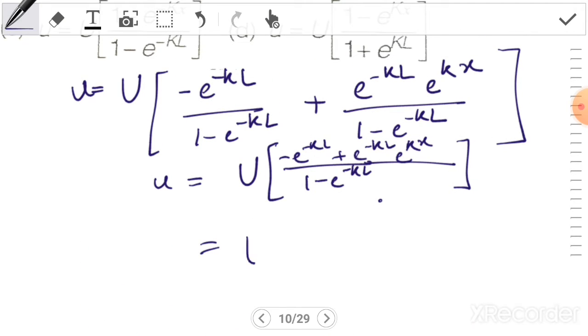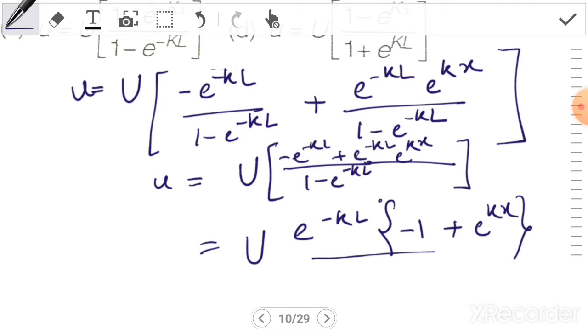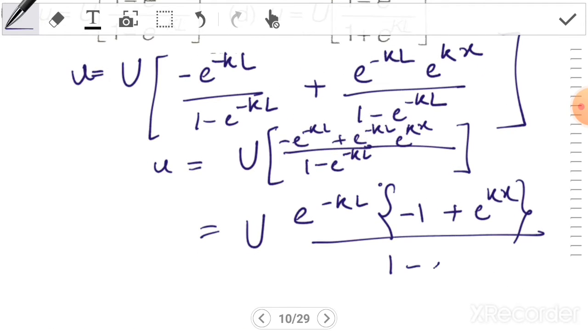Now take e power minus kl common. So e power minus kl, if you take common, we will have minus 1 plus e power kx by 1 minus e power minus kl.